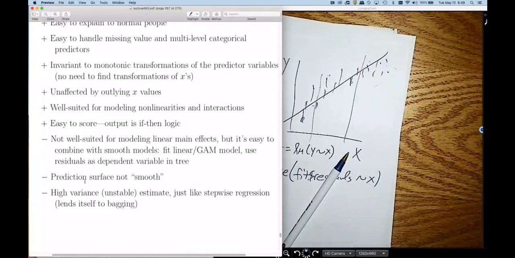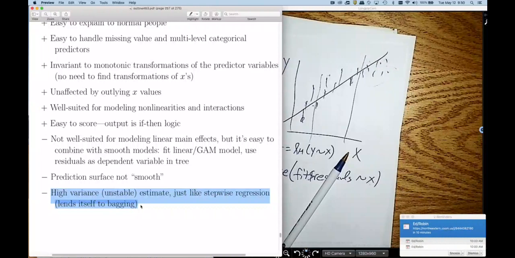A big negative of trees is that the prediction surface is not smooth. So you get these step functions. And then what we're also going to see is that trees are very high variance, unstable estimates. So what I mean by that is if you were to sample from your available data and fit a tree, then draw another sample from your data and fit another tree, chances are the splits would be a bit different.